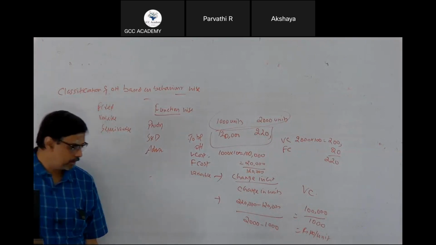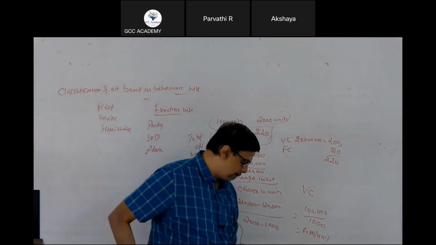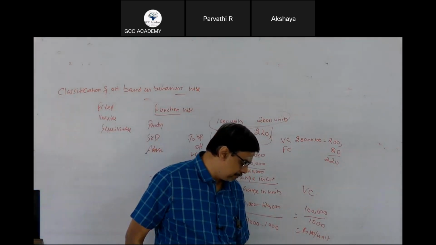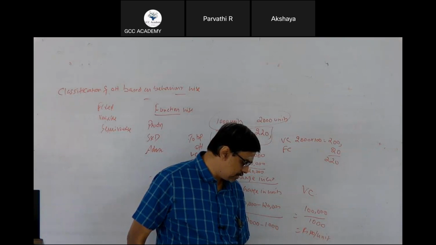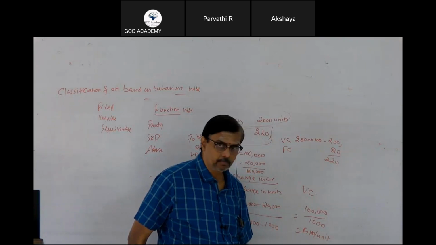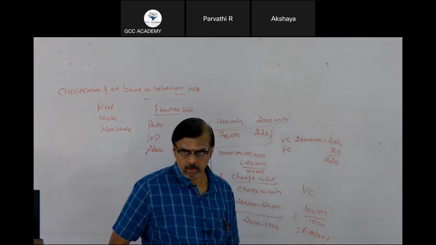What is the variable component? What is the fixed component? Yeah. So per unit of variable cost is? Correct. Good. All of you got the answer?